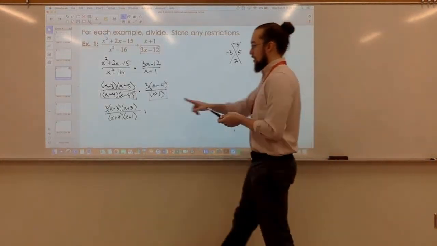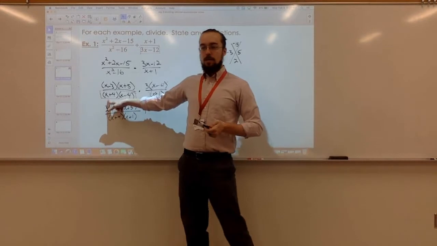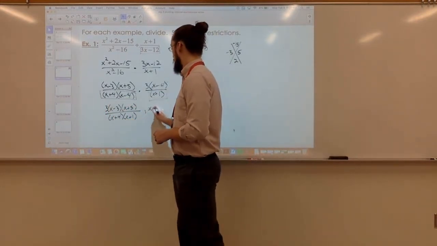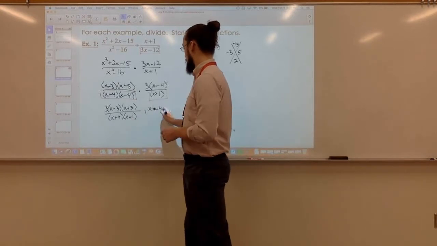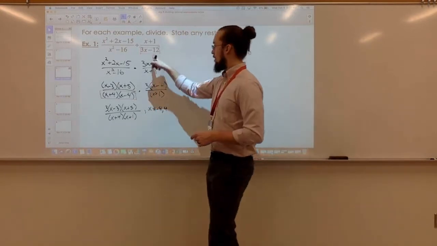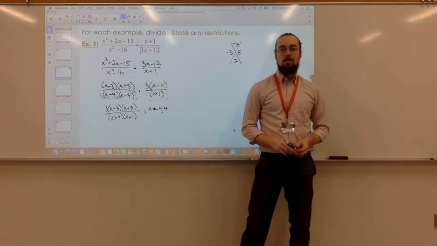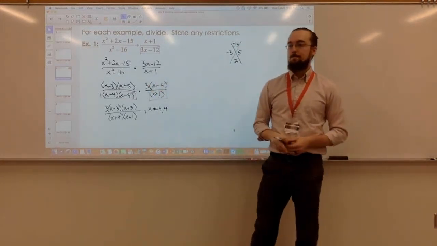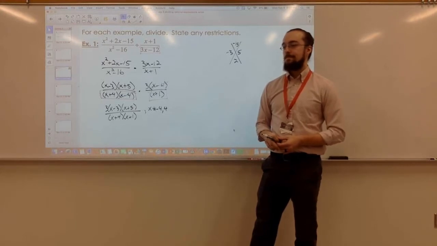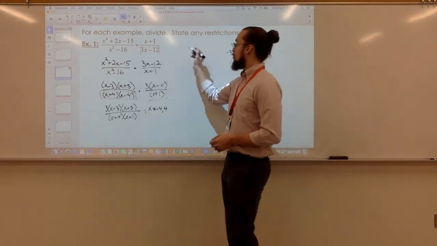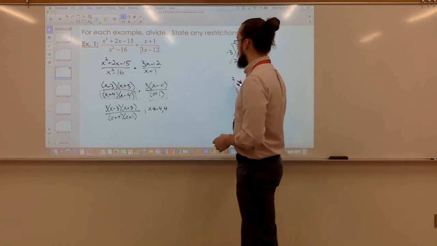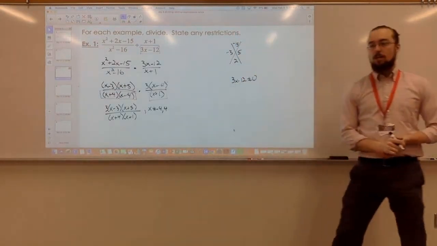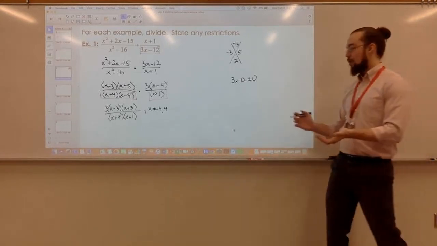So, what restriction would I get from this factor? X cannot be negative 4. And this one would be 4. How about the 3x minus 12? Remember, we want to think about setting that whole factor as it cannot equal 0 and solving.